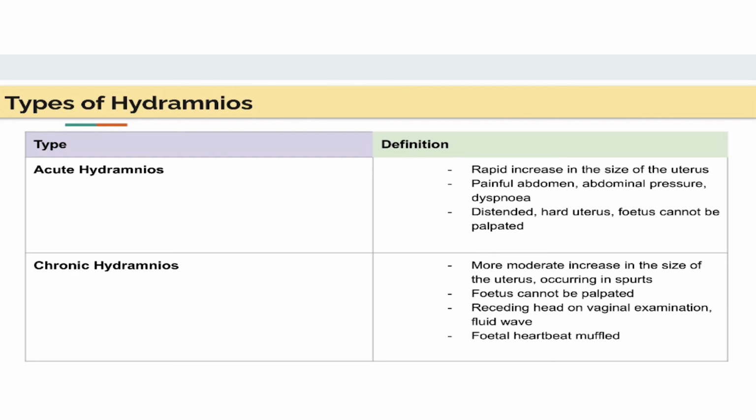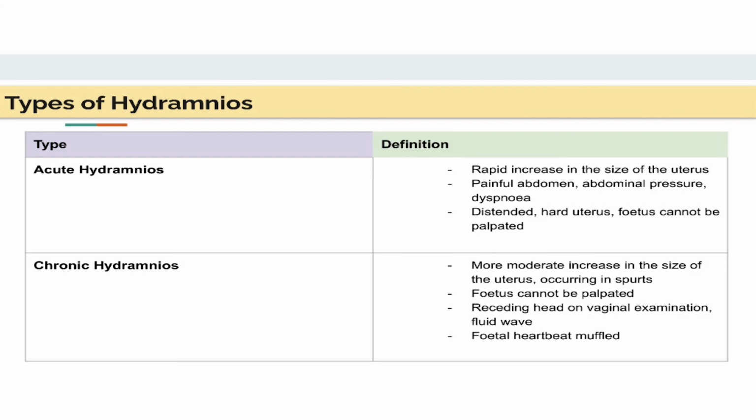Let us now move on to the types of hydramnios. We have two types of hydramnios, the first being acute hydramnios. In this, there is a rapid increase in the size of the uterus. Also, painful abdomen, abdominal pressure, and most importantly, dyspnea. Also, take note that in this type of hydramnios, the fetus cannot be palpated and the uterus is hard and distended.